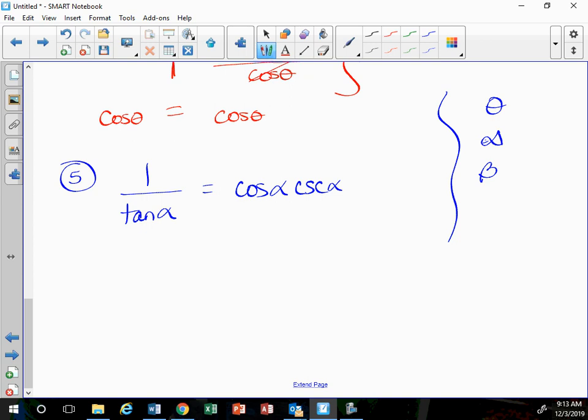All right, try this one. Nothing squared, so you won't use your Pythagorean identities.